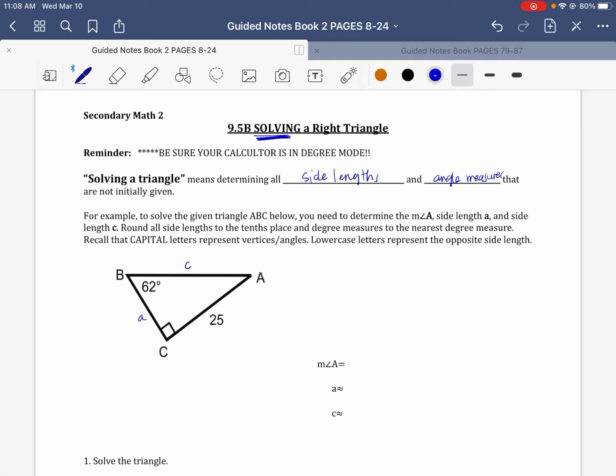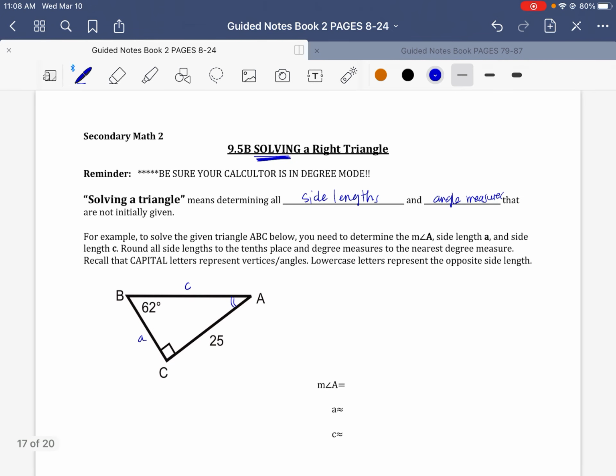And then really you can use any of the trigonometry that we've practiced to do so. If I look at this one, first of all, this angle right here is going to be pretty easy to find just because all angles in a triangle add up to 180 degrees, and I already know two of them. And even easier, right triangles are always taking a chunk of 90 degrees out, 180 minus that 90 degrees is 90 degrees.